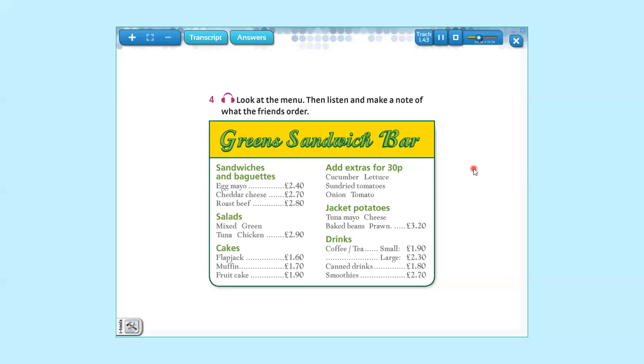Great. Are you ready to order? Yes, I am. Can I have a roast beef sandwich, please? With sun-dried tomatoes, a slice of fruit cake, and a smoothie. Okay. How much is that? That's a green salad, an egg mayo baguette, a roast beef and sun-dried tomato sandwich, a muffin, a slice of fruit cake, a small coffee and 2 smoothies.